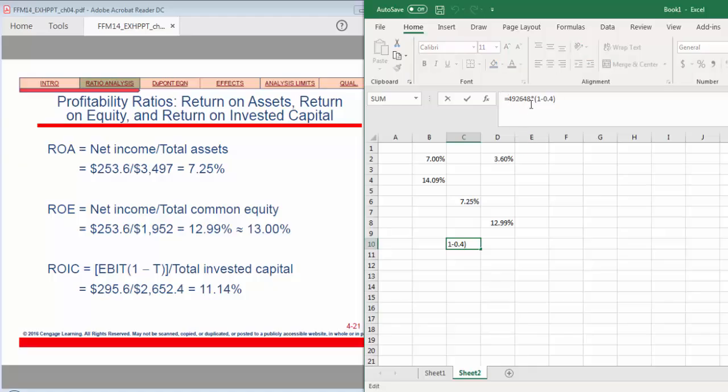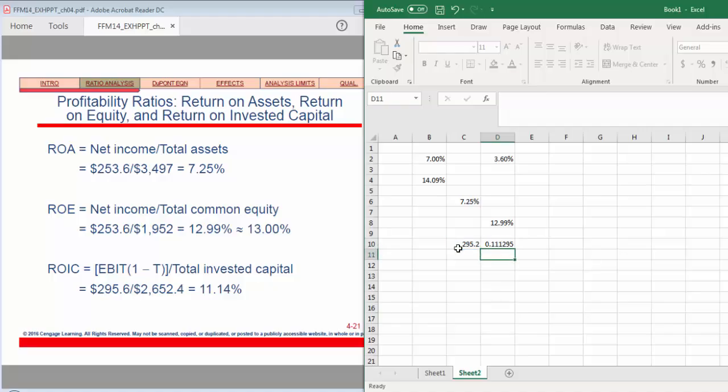So this I can take off 1, 2, 3. There you go, 295 point. Took off the last 3. That's why it's a little bit off after the decimal. So this divided by the total invested capital, which is 2652.4.